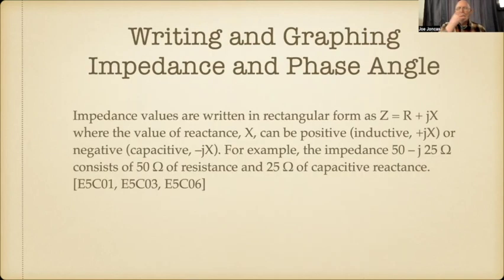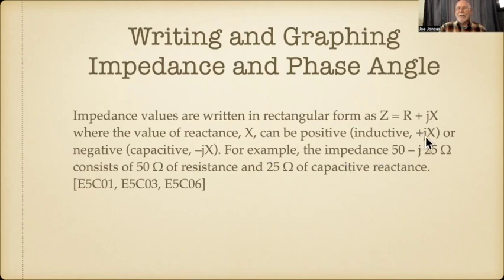Okay, next one. Writing and graphing impedance and phase angle. I'm just going to read this. The impedance values are written in rectangular form as Z, which is impedance, equals R, now that's the real R, plus an imaginary number, plus JX, where the value of reactance X can be positive, which is inductive, like this right here.